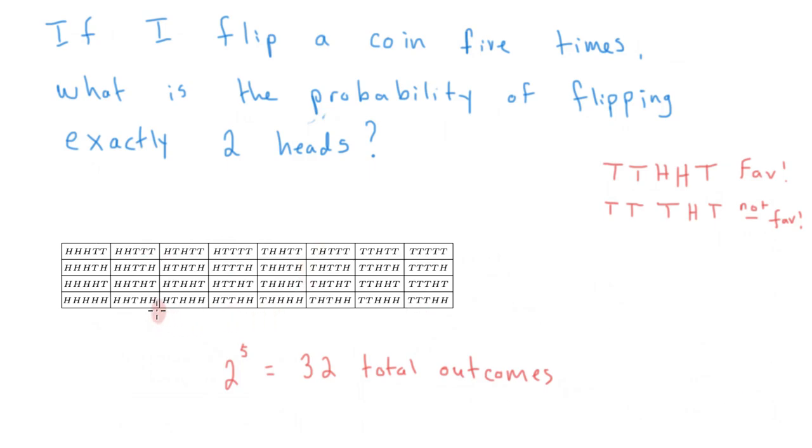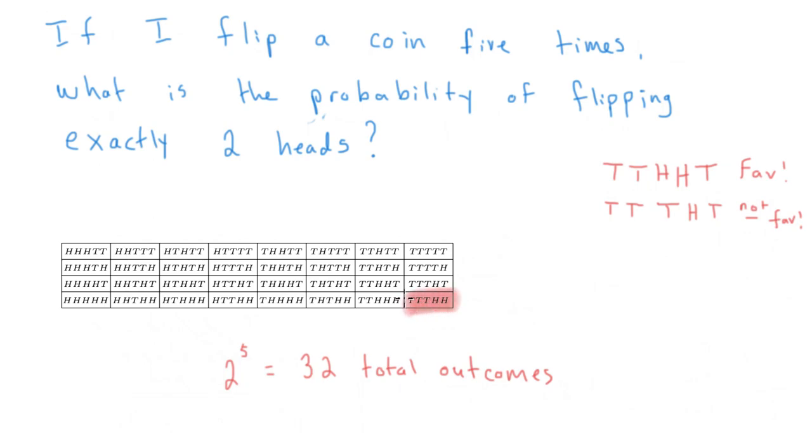Here's one. Okay. This is going to be a little trickier than before. So here's another one. Here's another one. Here's another one. And another one. You know what? I am counting 2 tails. No, we want exactly 2 heads. Okay, let's see.